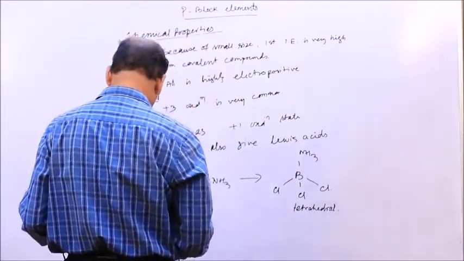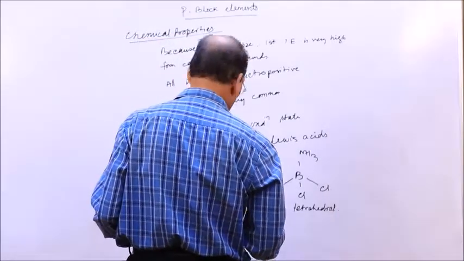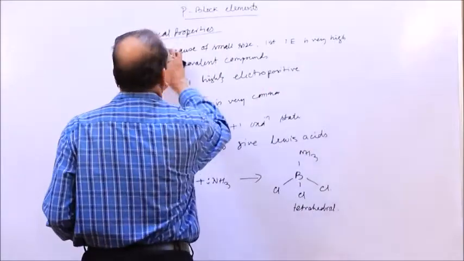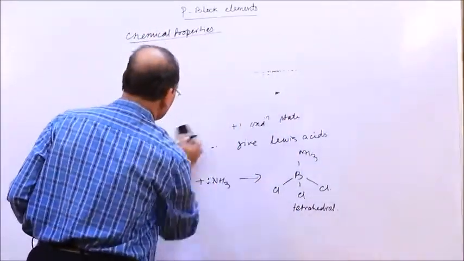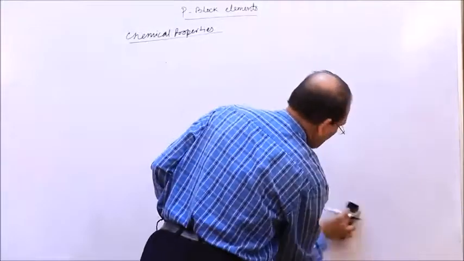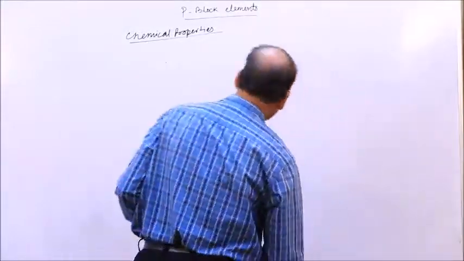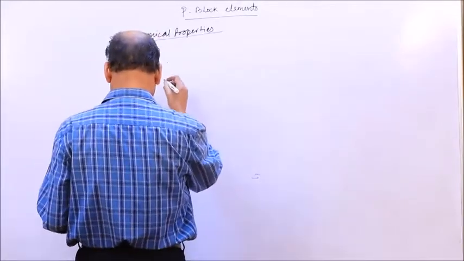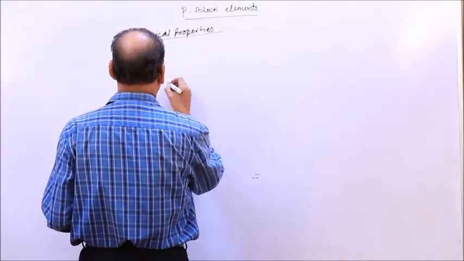And similarly, aluminum also has a bridged structure of aluminum trichloride. Generally, it is a dimer.